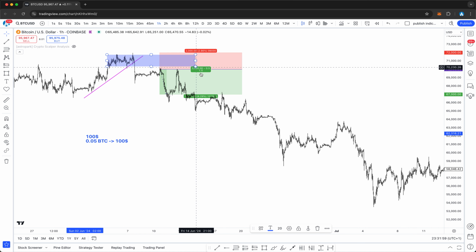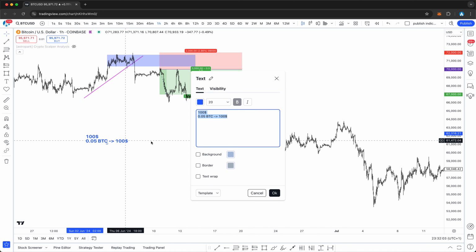But how much will I win in this case? So you will win 3k, but 3k multiplied by this, and this will be $150. Okay, good enough.